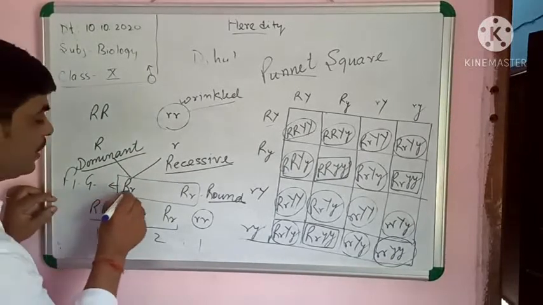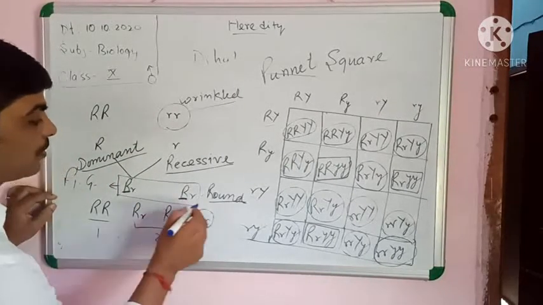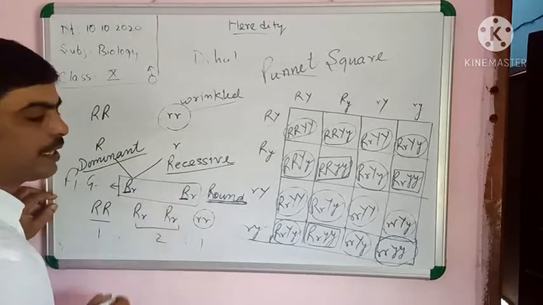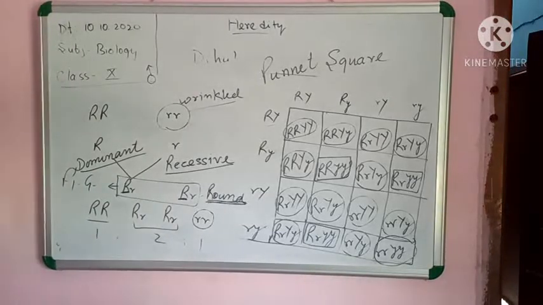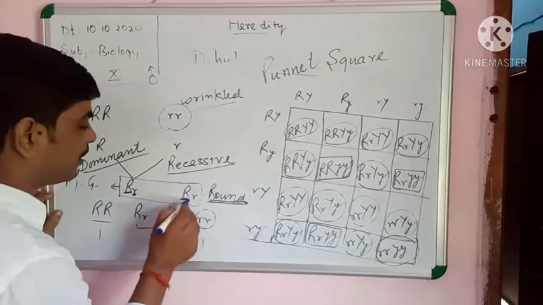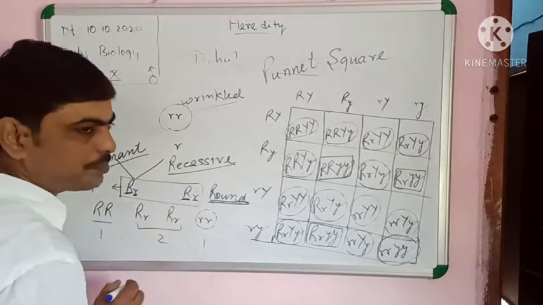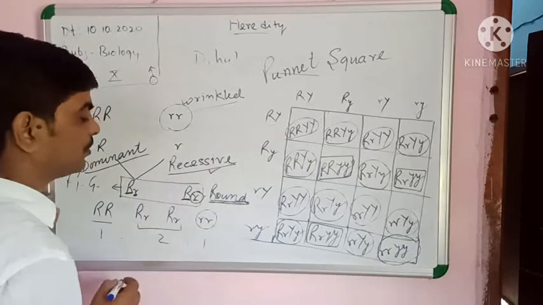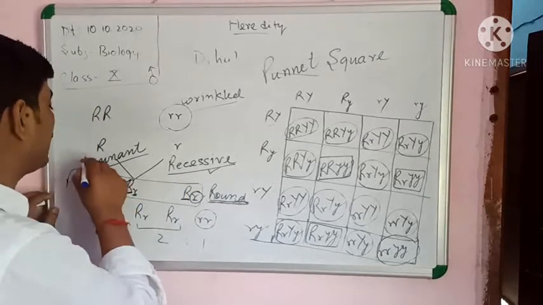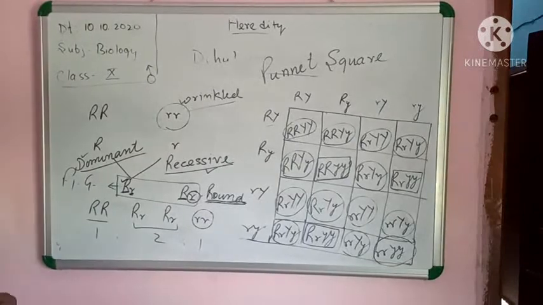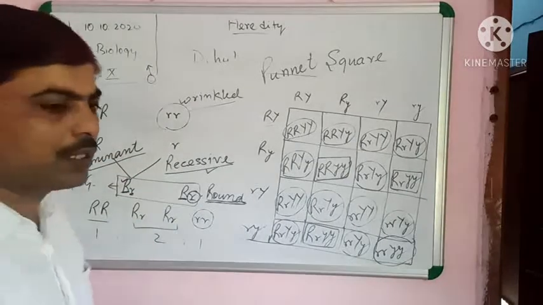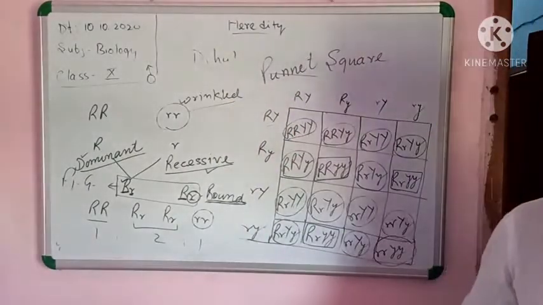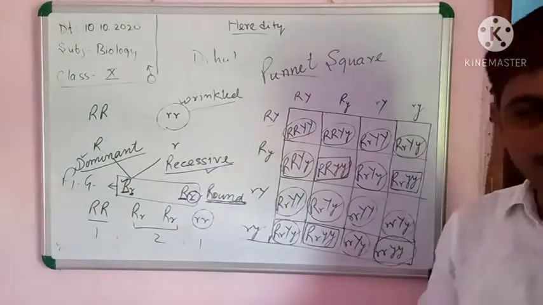See here, R is alone, but all the phenotypic characters are round, means it is alone and able to appear in the generation. While r, small r means wrinkled character is also alone but it does not appear. So wrinkled character of the plant is the recessive and the round character of the plant is dominant. Okay, and this is also called the law of dominance. This is also called the law of dominance, F1 generation.